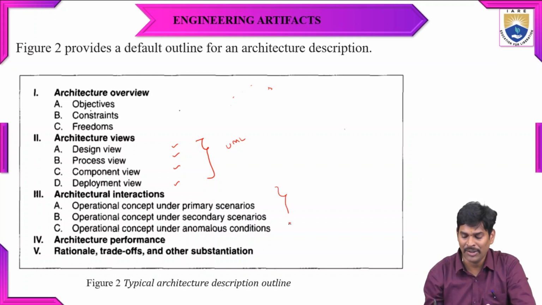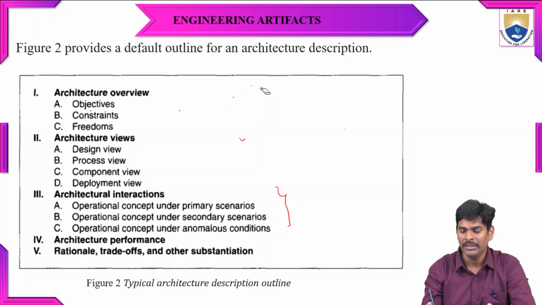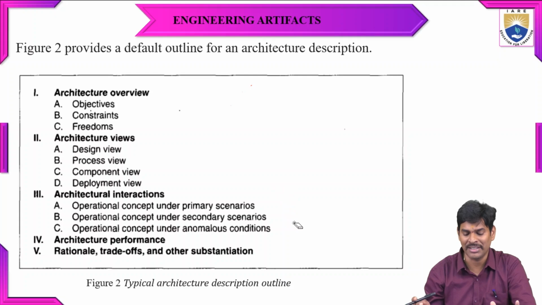And in the third scenario, we can have the architectural interactions. In the architectural interactions, mainly we need to check what is the primary scenario and the operational concepts, and next the operational concept under the second scenario, and we need to check the different types of constraints and operational concepts under the anomalous conditions, where the different types of conditions can be applicable.